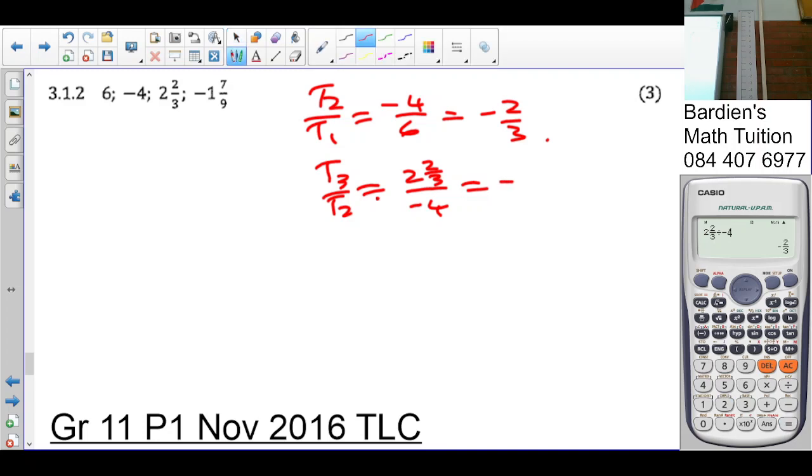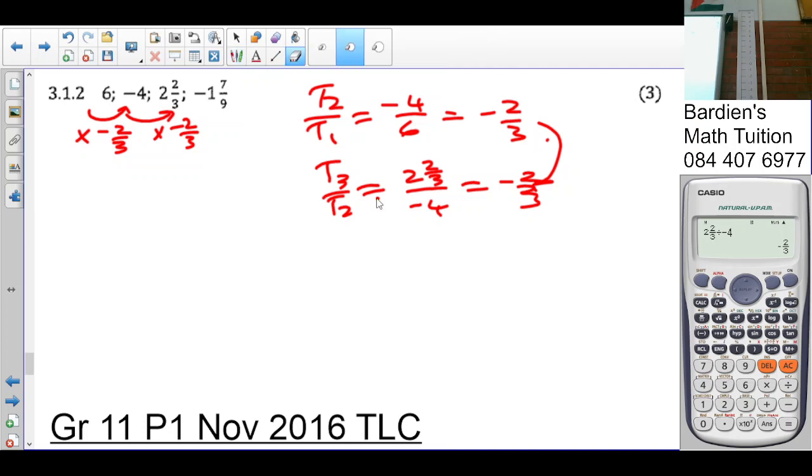Not so? So what do you notice? To get from one term to the next, you multiply by negative 2 over 3. It's never that you divide by any number. It's always that you multiply by a certain ratio.